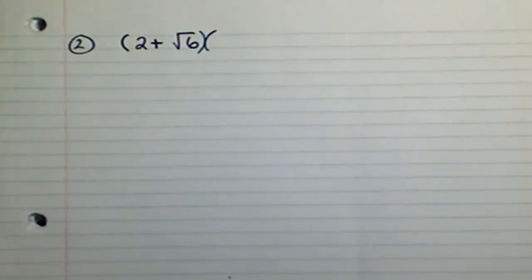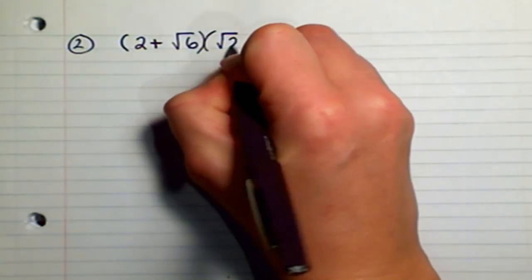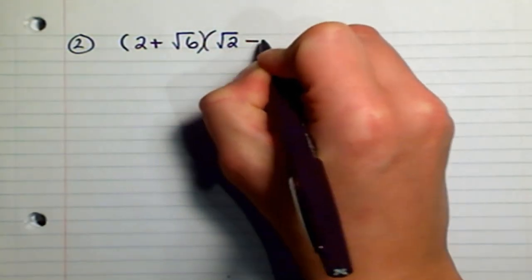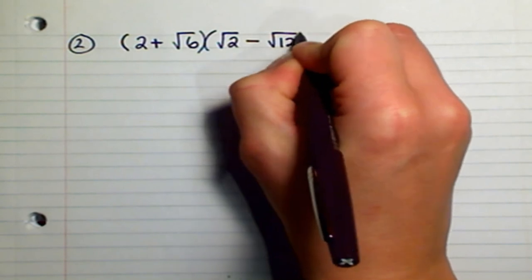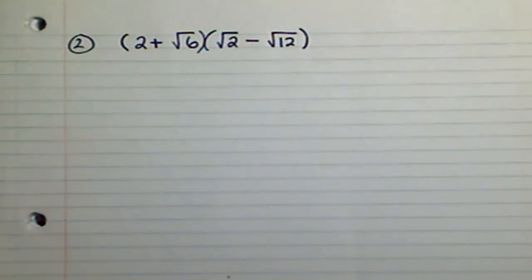Okay, let's do 2 plus root 6 and root 2 minus root 12.